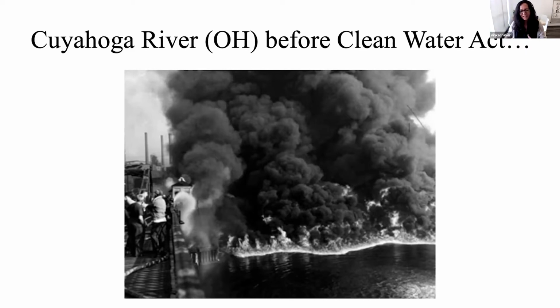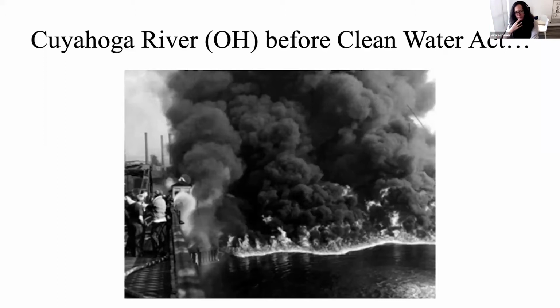In 1969 was not the first time that the Cuyahoga River got on fire. Actually, it started catching fire since the early 50s. And this wasn't an isolated incident in natural bodies of water in the US by the early 70s. This was a common scenario.